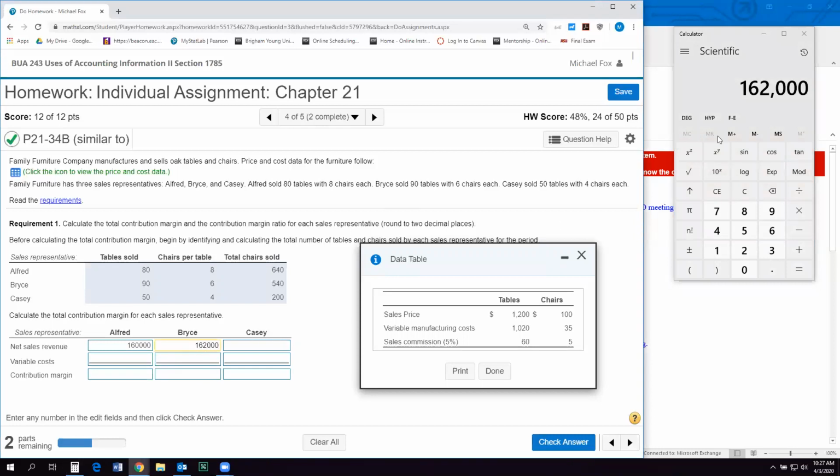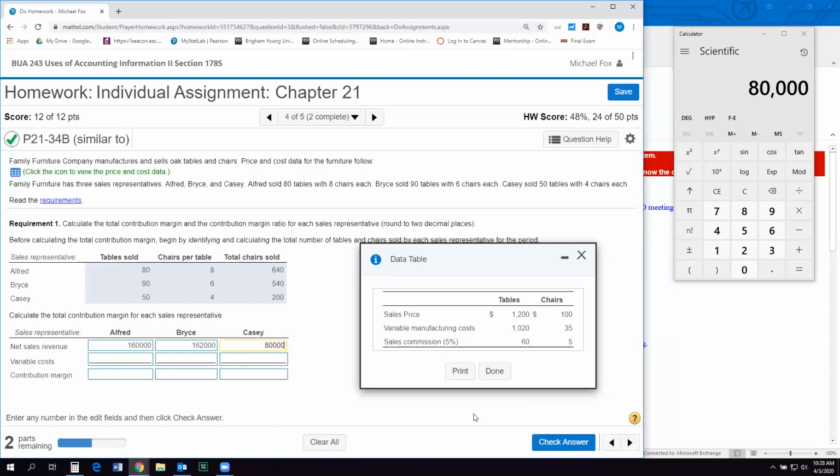And then we'll repeat the same process for Casey. Casey sold 50 tables times 1,200 each, plus 200 chairs times $100 each. All right, so there's the sales revenue generated by each salesperson.